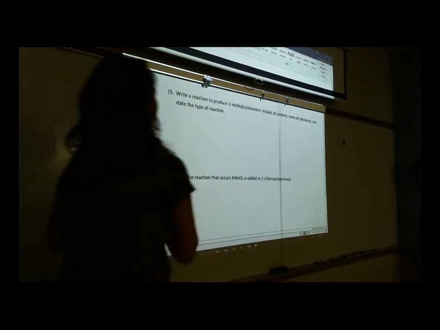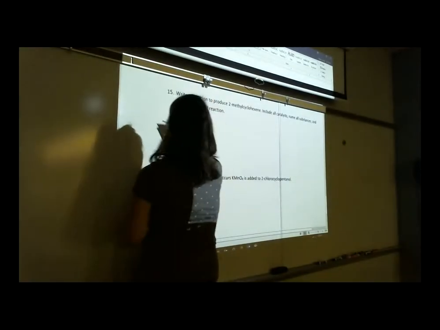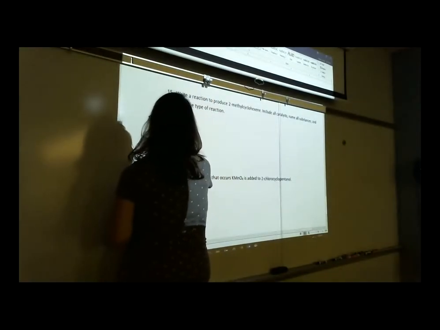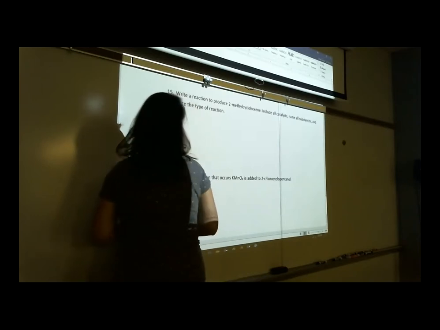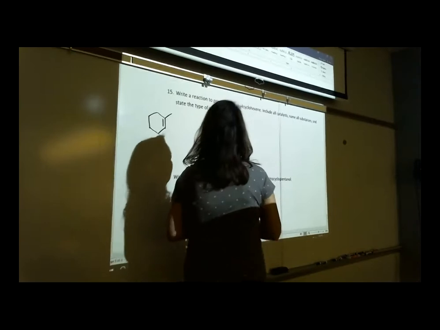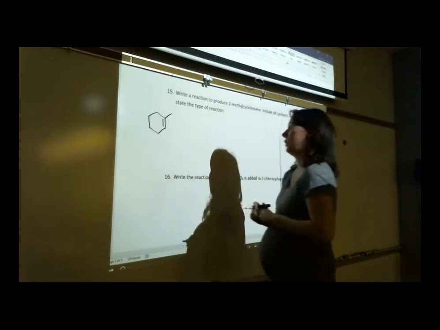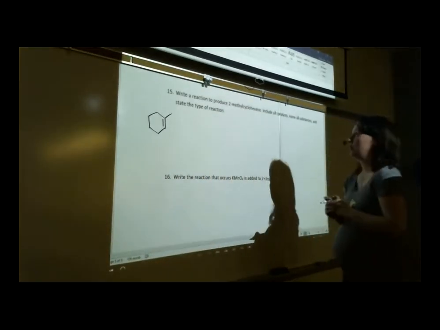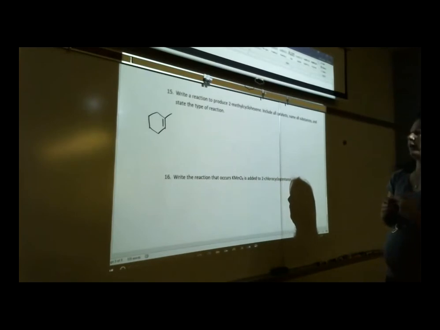Okay, 2-methyl cyclohexene is what we want. All right, so there are 2 ways you could do this. What's one way you can make a double bond? Using an alcohol.